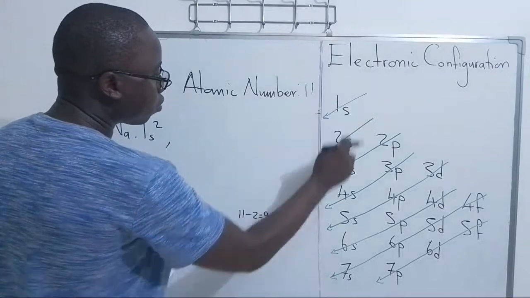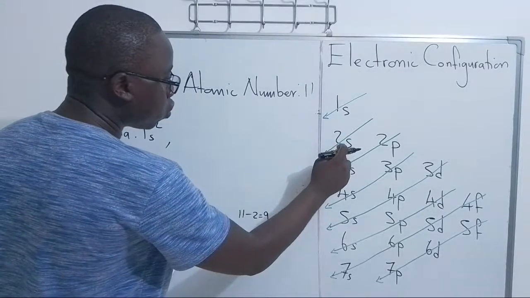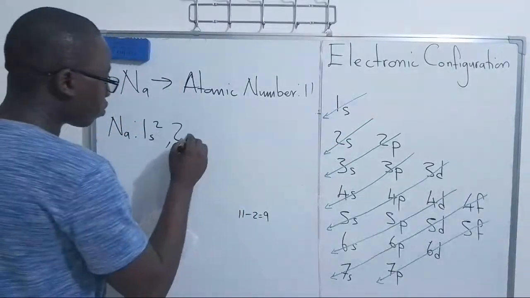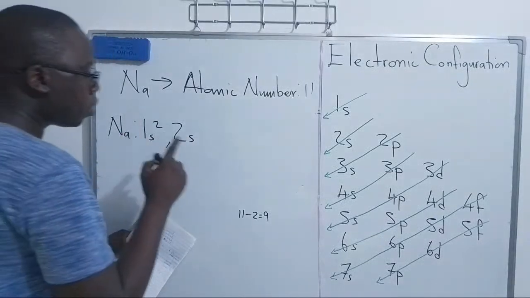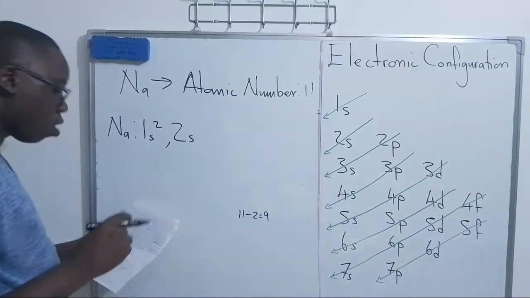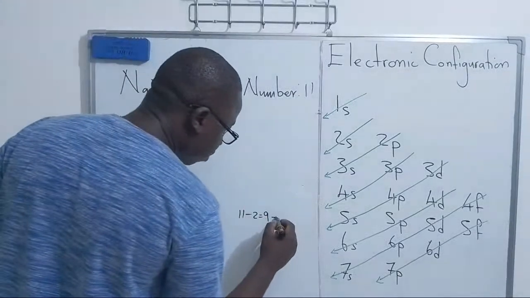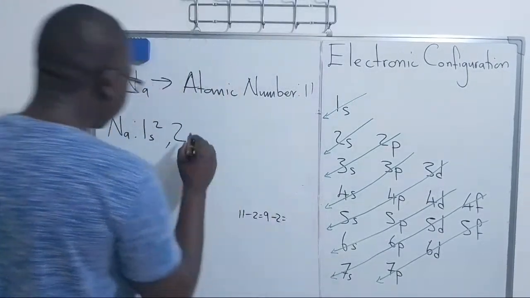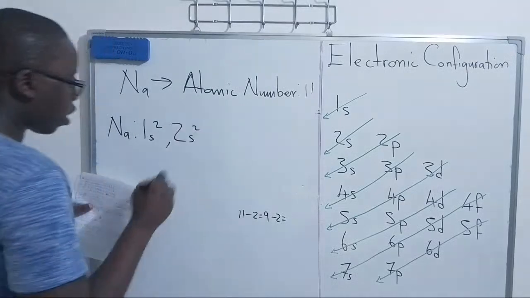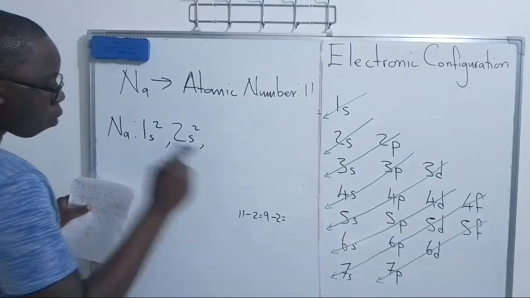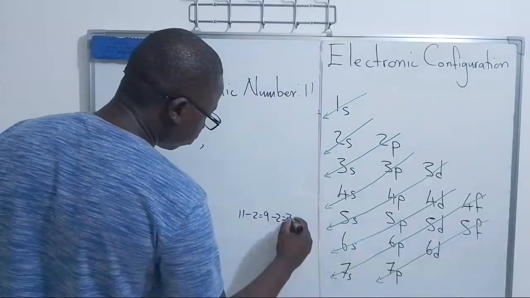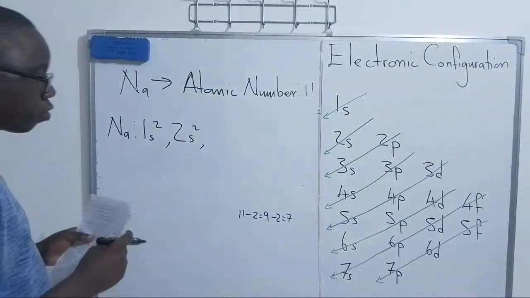After 1s, we are going to 2s. The s orbital can occupy a maximum of 2 electrons, so we reduce this by 2 and put the 2 there. We are remaining with 7 electrons.